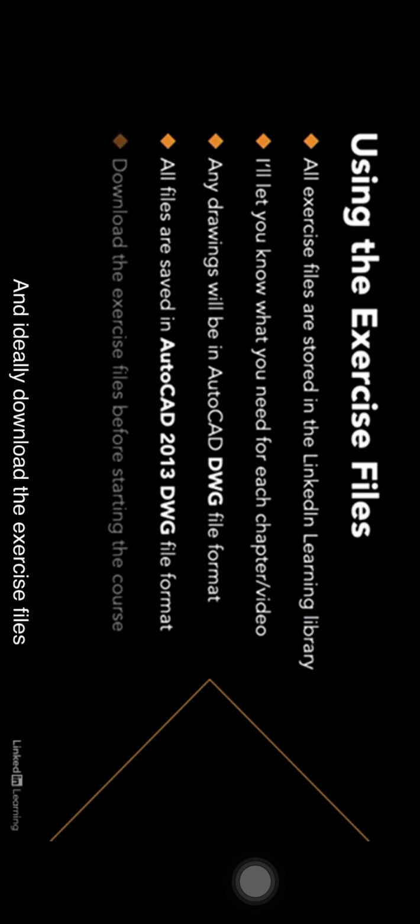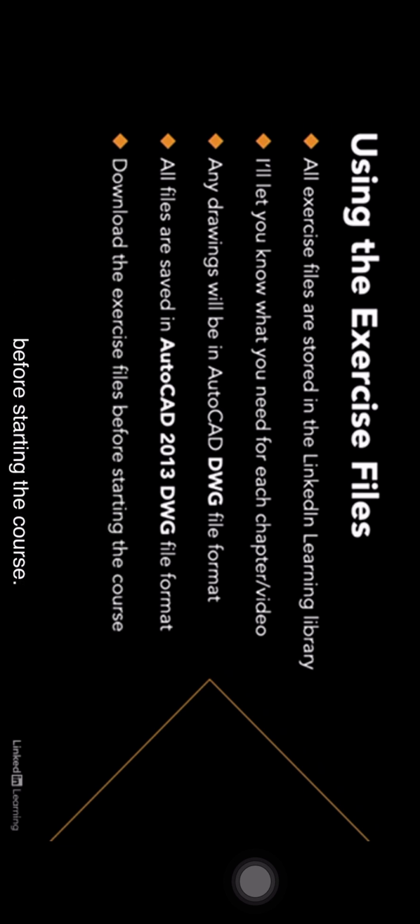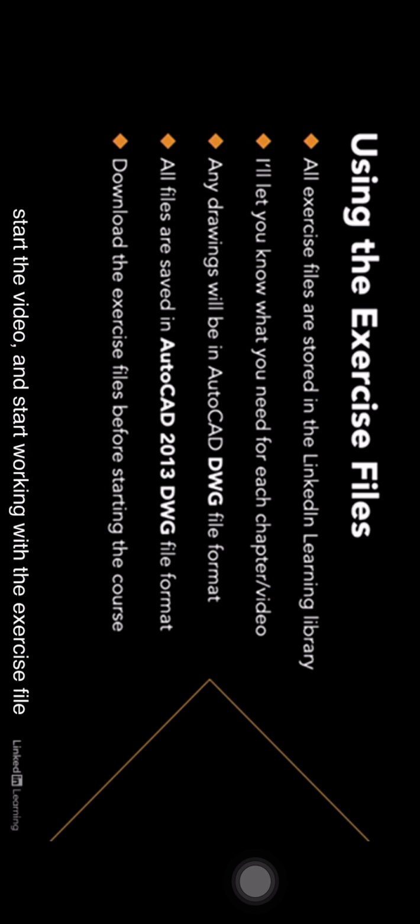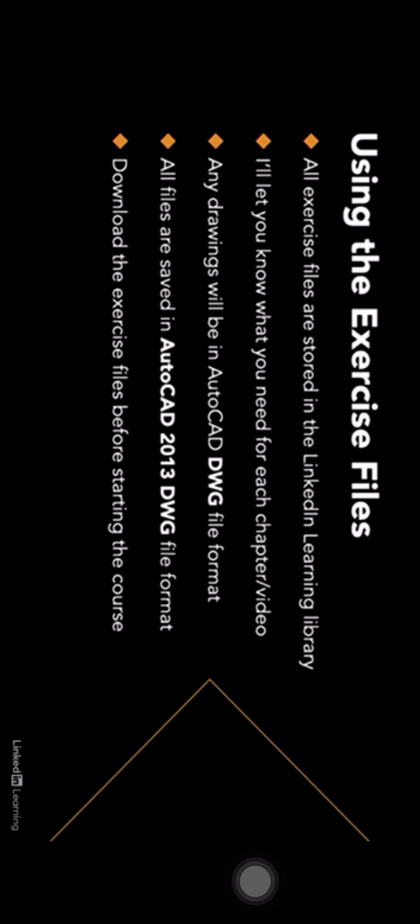And ideally, download the exercise files before starting the course, and then when you're about to jump into a video, make sure that the exercise file is open in AutoCAD Mechanical before you start. That way you can hit the ground running, start the video, and start working with the exercise file at the same time.